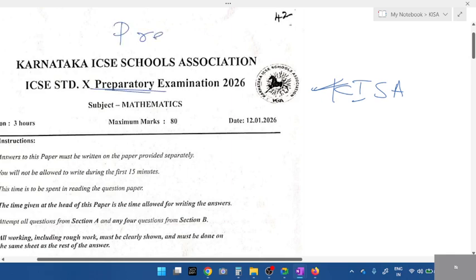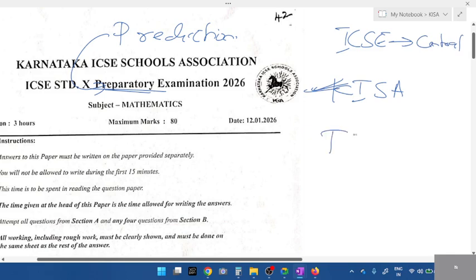Preparatory just means prediction. Your ICSE main paper comes from the central Delhi board. So Karnataka can prepare one, and Tamil Nadu ICSE School Association can prepare one question paper. Andhra can prepare one too.